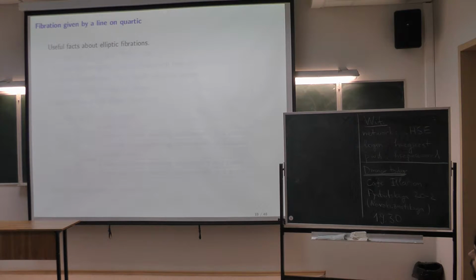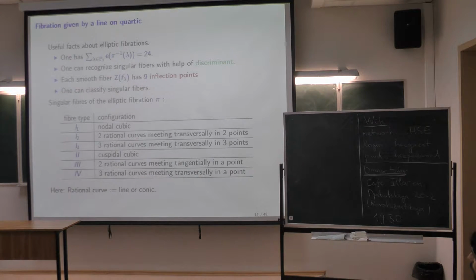Now my fibration is given by degree 3 curves. So I know the sum of the Euler numbers of fibers. I can recognize singular fibers, and I know that every fiber has 9 inflection points. I can classify singular fibers. There is a huge body of work of Kodaira, and there are lots of possible fibers, but I am lucky, I have just a few possibilities.